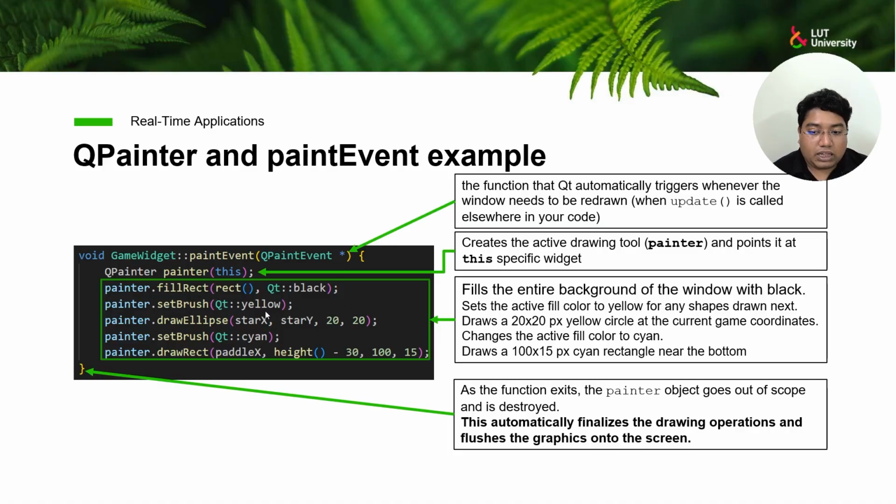And then we will set the drawing color or the brush color. And then we will draw an object which will have the width and height of 20. Even though it's an ellipse, since the width and height are the same, it's going to be a circle. And then we will change the brush color again. Then we will draw a rectangle which will have a width of 100 and a height of 15, and it will be placed near the bottom.